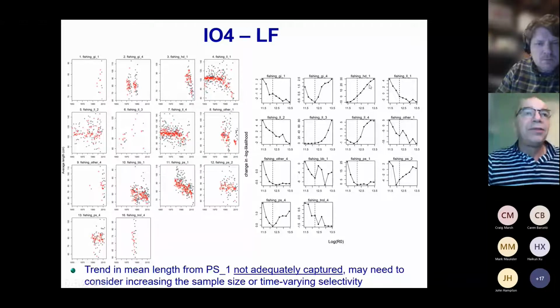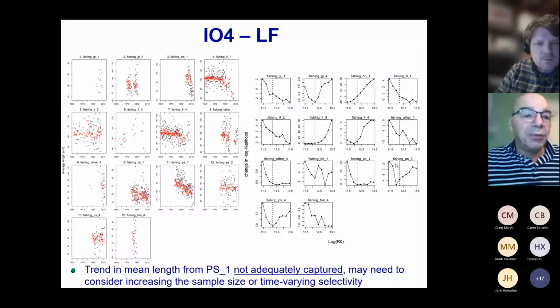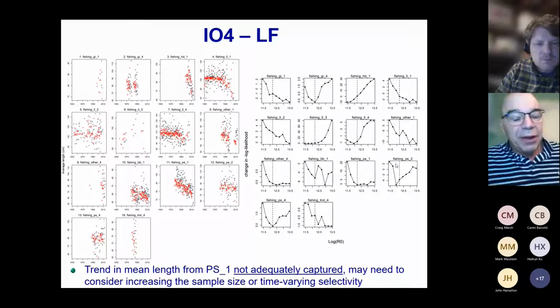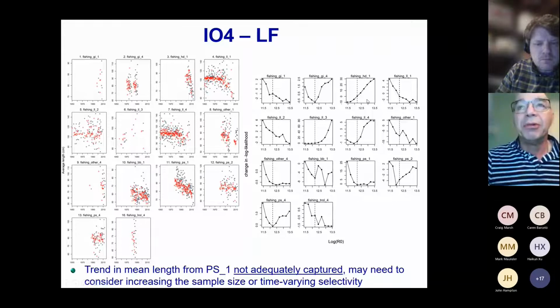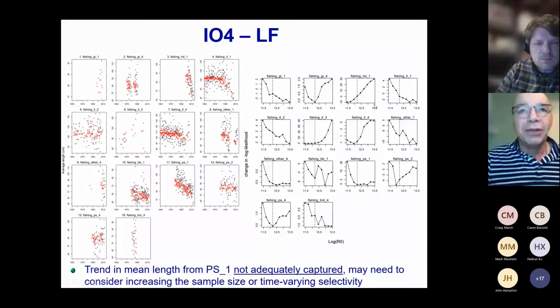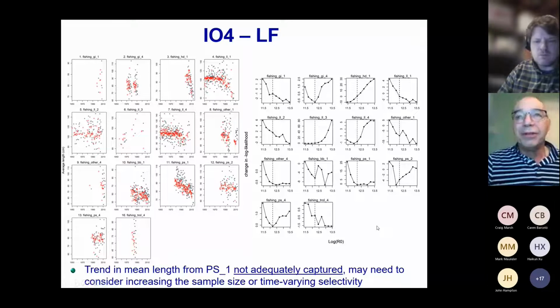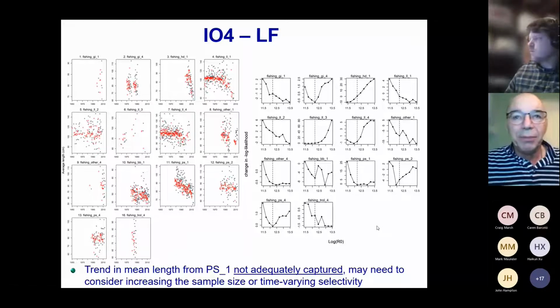And I think that's consistent with what we saw on the pattern in the fit to the length comps. The pattern in the fit to the length comps wanted there to be more large fish, and that would be something that would occur if we were running the model at a higher R0. So consistency there in how the model is performing. But overall across fleets, some fitting a bit better at high, some a bit better at low.